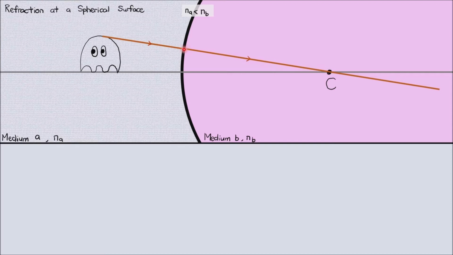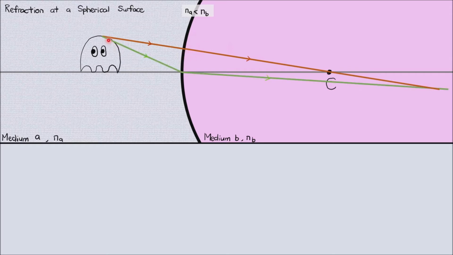So you know that it will not get refracted away from or towards the normal because it is on the normal already. So you just pass through in a straight line, passing through to medium B and striking the center of curvature. There's no change, there's no bending because you are striking the surface at 90 degrees. So that's the first ray that is easy to draw.